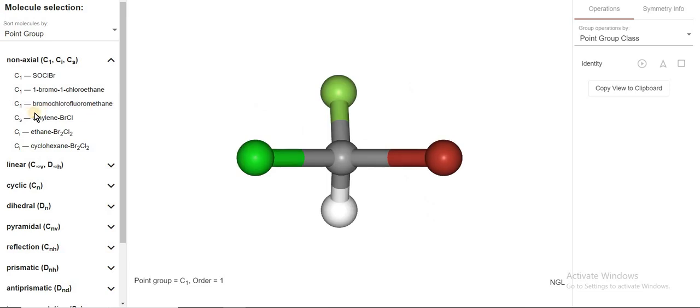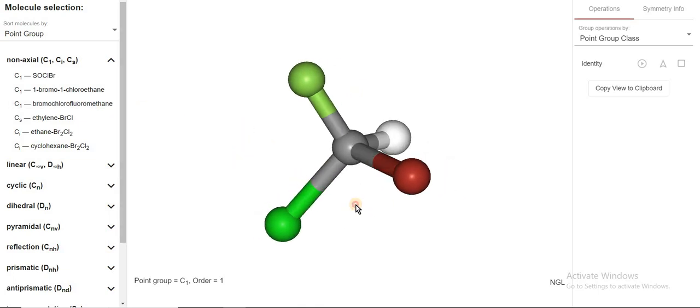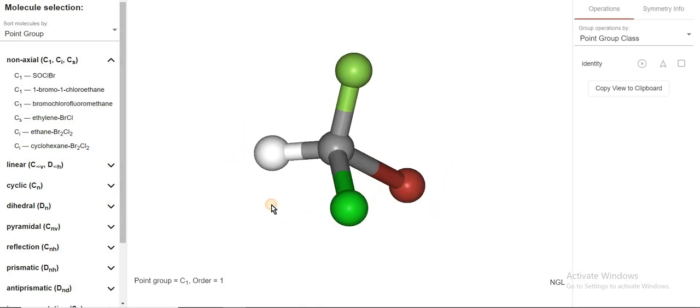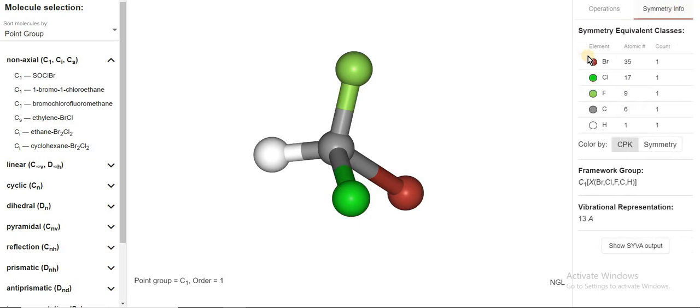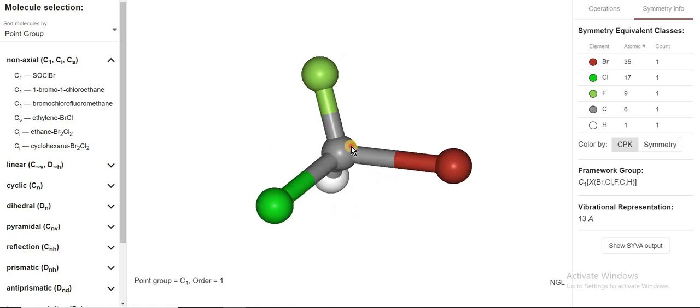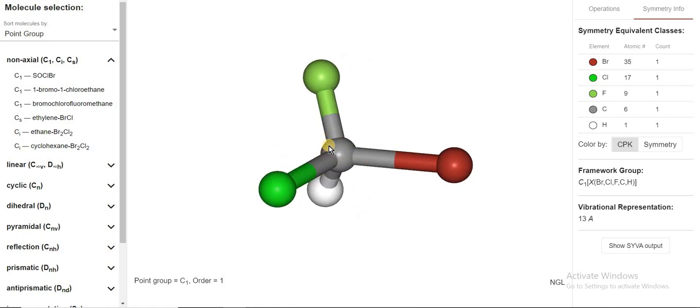Coming to the next molecule, bromochlorofluoromethane. Now let's see the atoms. This is bromine, chlorine, fluorine, and the grey one is carbon. This carbon is actually a chiral carbon. A chiral carbon is a carbon attached to 4 different groups.